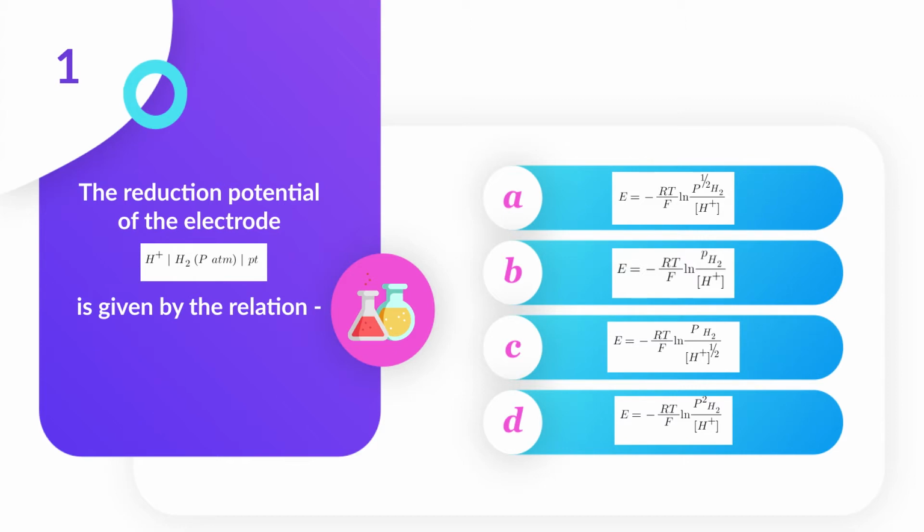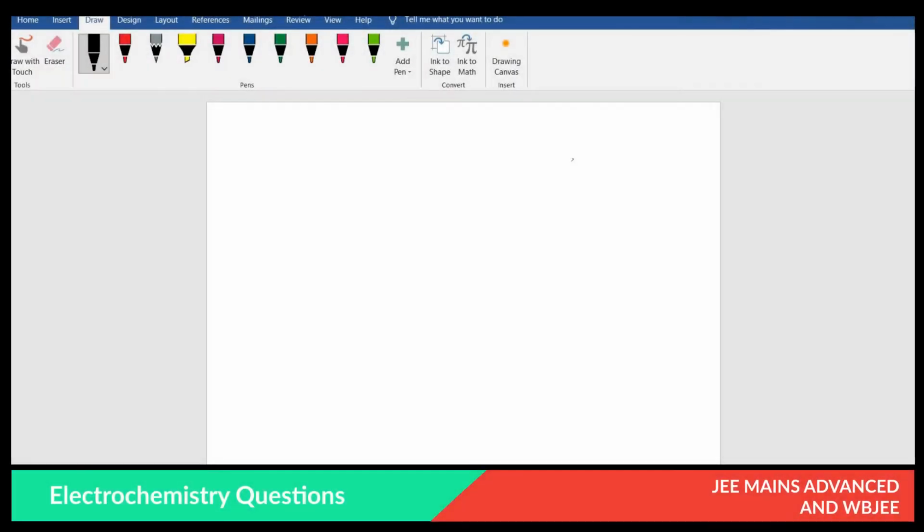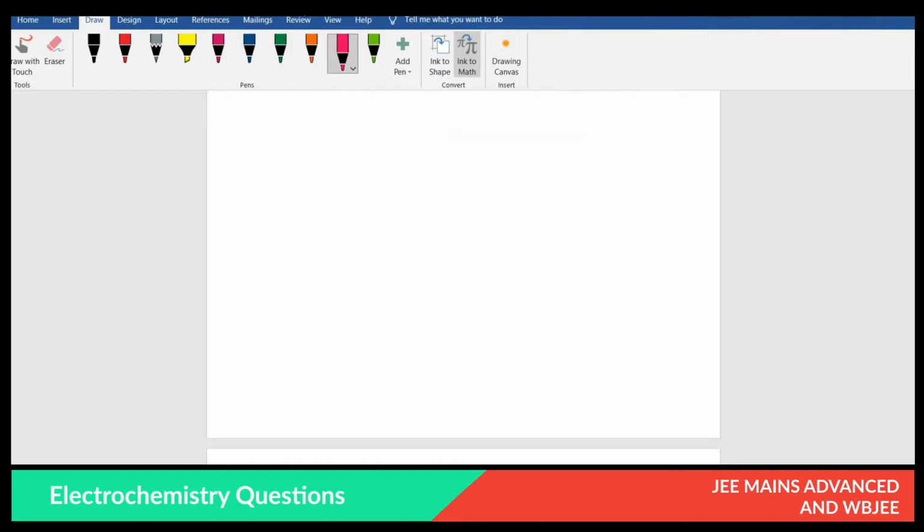Now, how would we start off the answer? Let us see. The half cell equation is mentioned as H plus to H2 gas with platinum electrode.